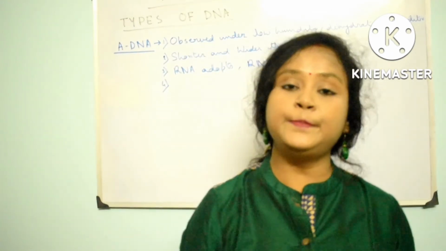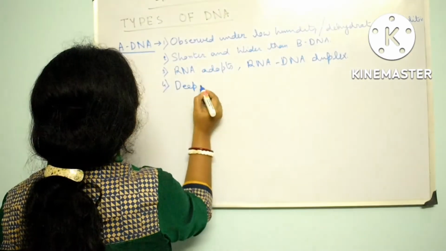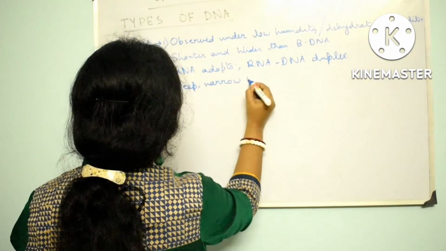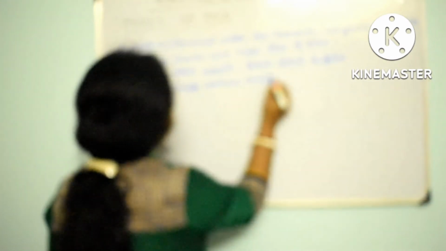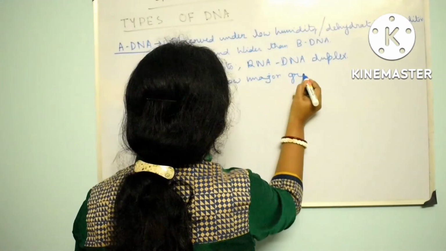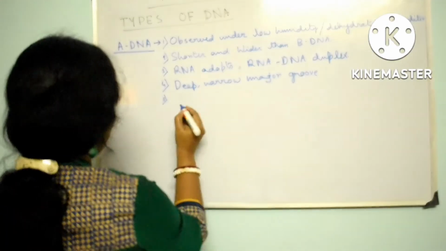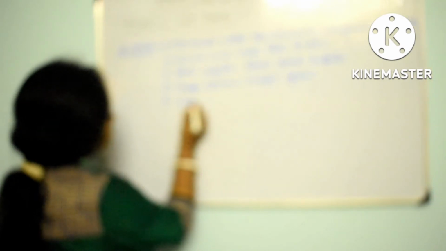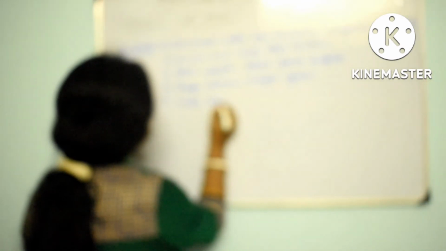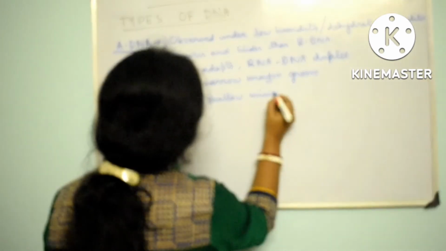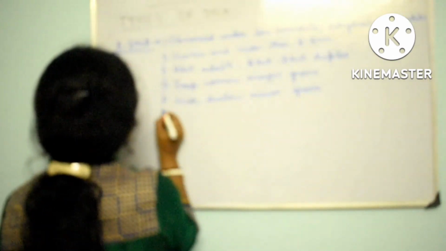A DNA has a deep, narrow major groove, which does not make it easily accessible to protein. A wide, shallow minor groove is present here.